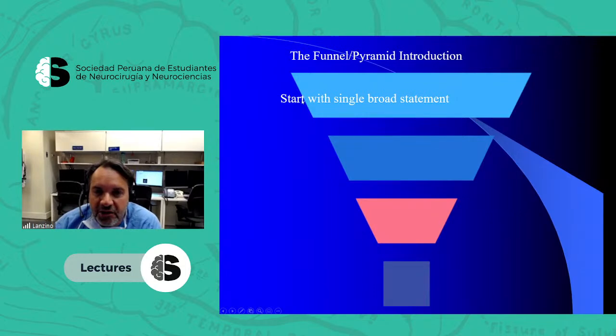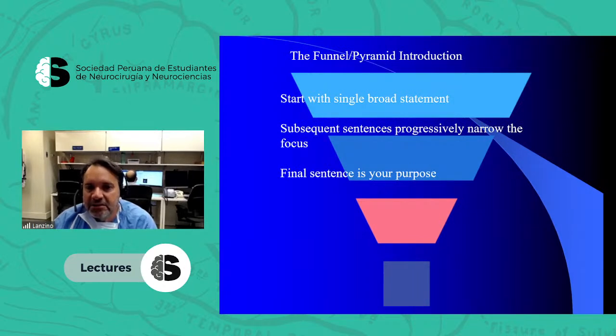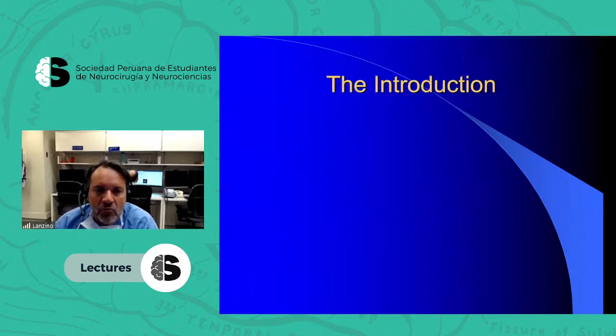You start with a single broad statement, and then you progressively narrow down the focus. And the final sentence is where you say, in the current study, we did this. Implicitly saying we did this to fill a void that we had identified in the existing literature.